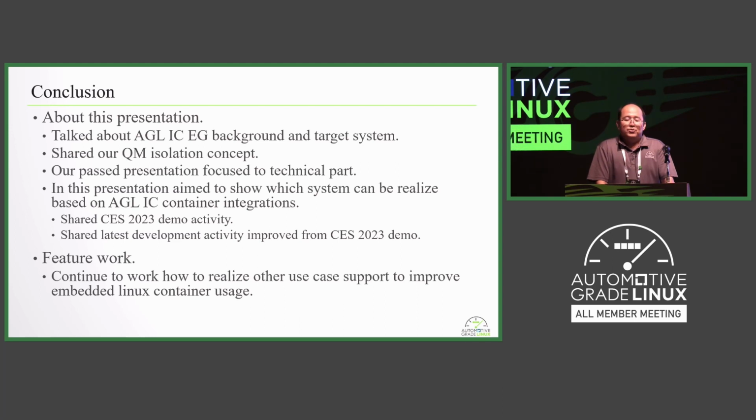In this presentation, we aimed to show which systems can be realized based on AGL IC container integration. So we shared the CES2023 demo activity and the latest development activity. Our future work is to continue working on how to realize other use case support to improve embedded Linux container usage.